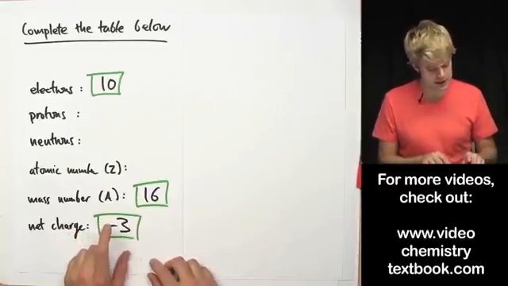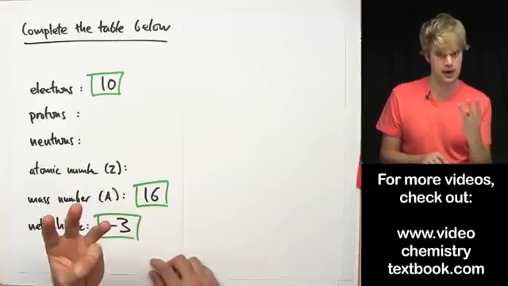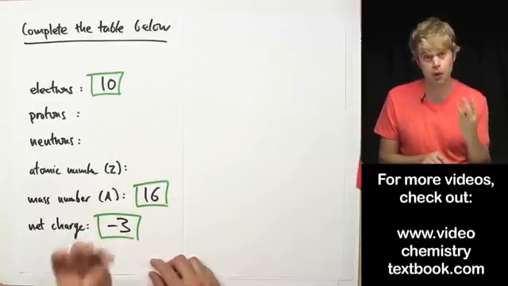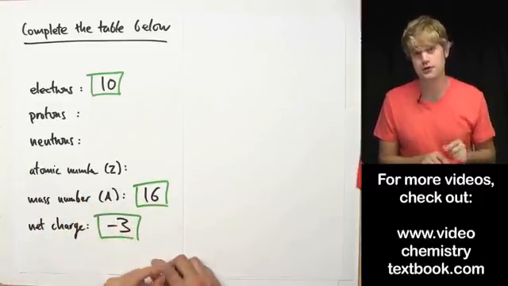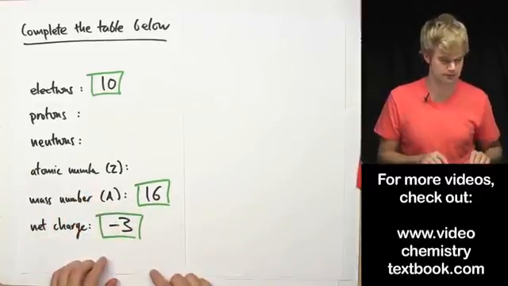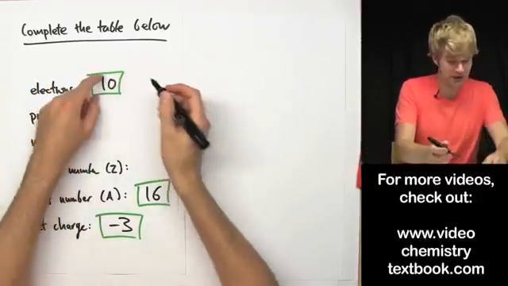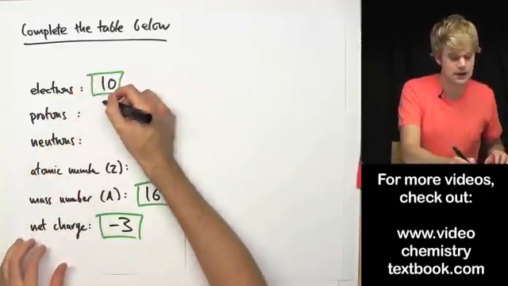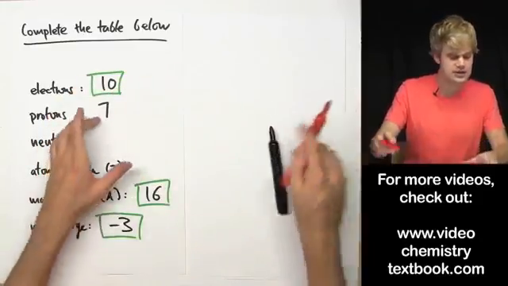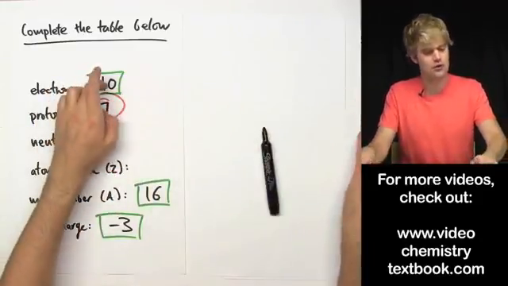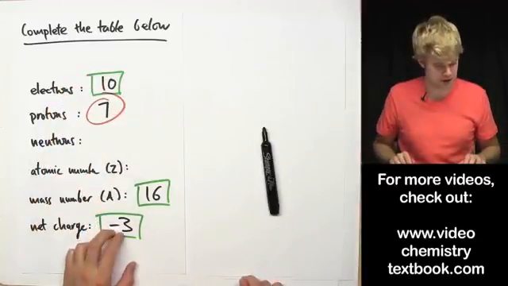Since this is a net charge of minus 3, that means that there are 3 more electrons than protons, because electrons have a negative charge. So I have 10 electrons. That means that I'm going to have 7 protons. 3 more electrons will give me minus 3.